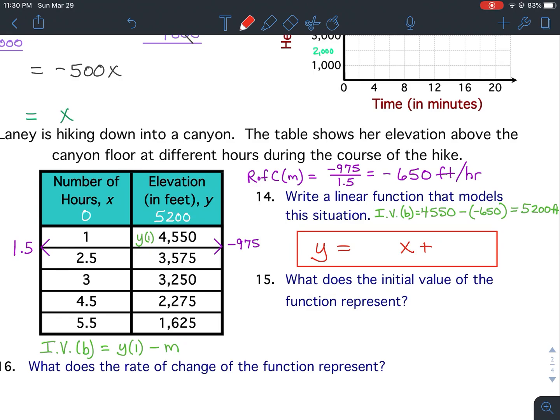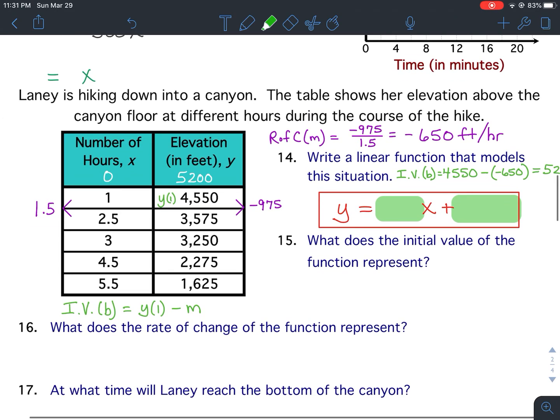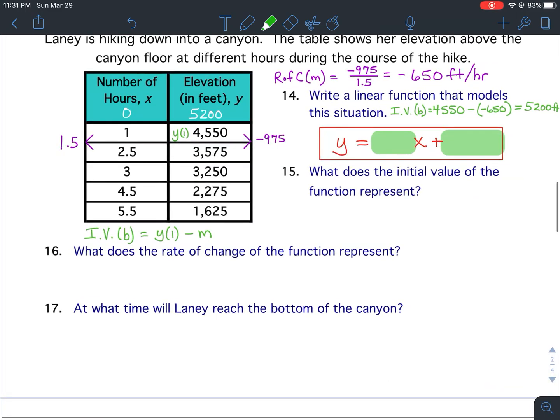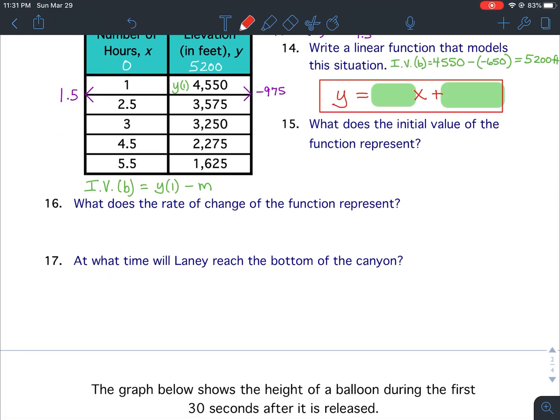Now do me a favor, after you write that equation down, so remember you're going to have a number here in front of x, and then you're going to have another number here at the end. Okay, do me a favor and take that equation that you just found for 14, and write that same exact equation down here. Okay, and I'll talk more about that later.